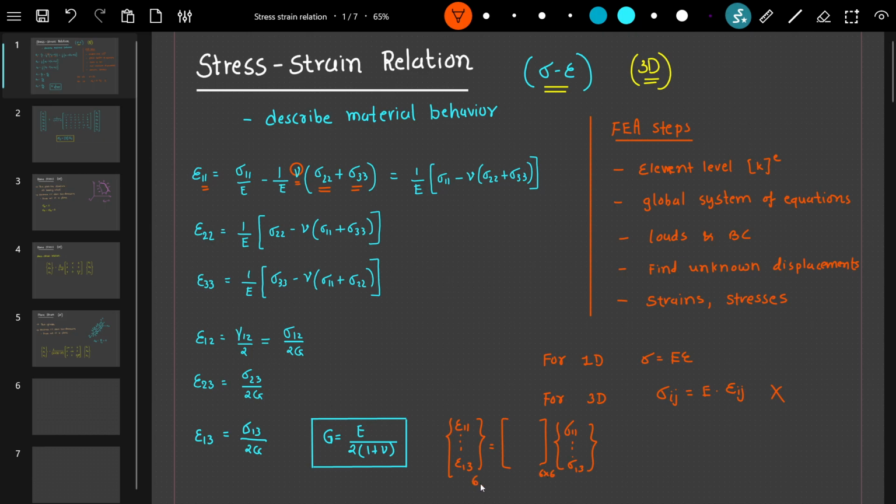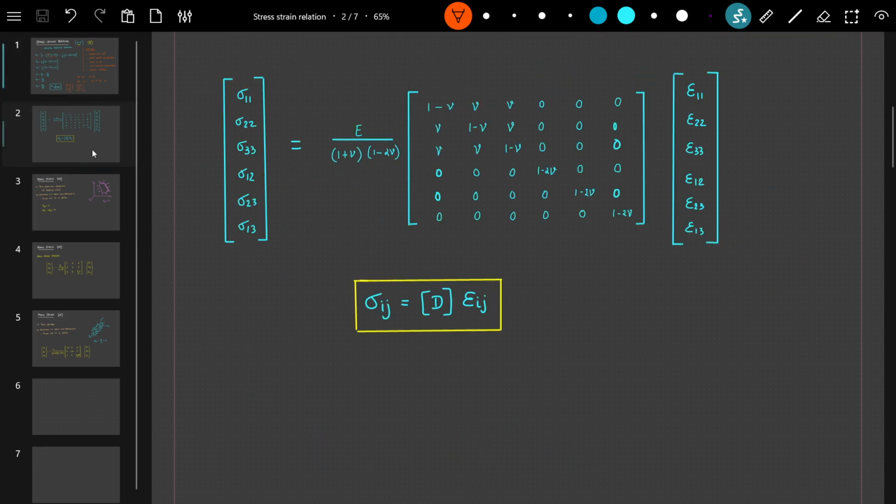This is 6 by 1, 6 by 6 and 6 by 1. So we can rearrange these terms: stress vector on the left side and strain vector on the right side. Rearranging them, we can get the stress strain relationship for 3D, and the relationship is given in this form.